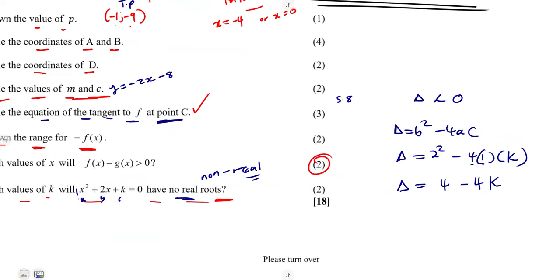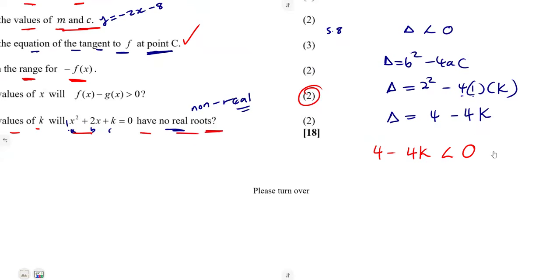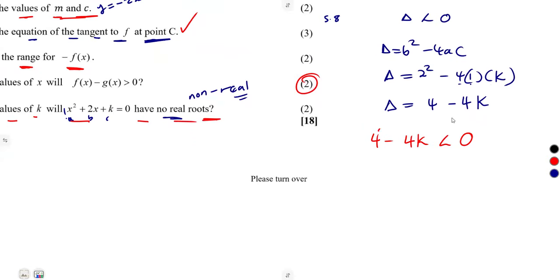So from there, we can find the values of k. For which values of k? Our delta, 4 minus 4k, has to be less than 0. Then solve for k. So minus 4k is less than, if we take 4 to the other side, 0 minus 4, which is negative 4.